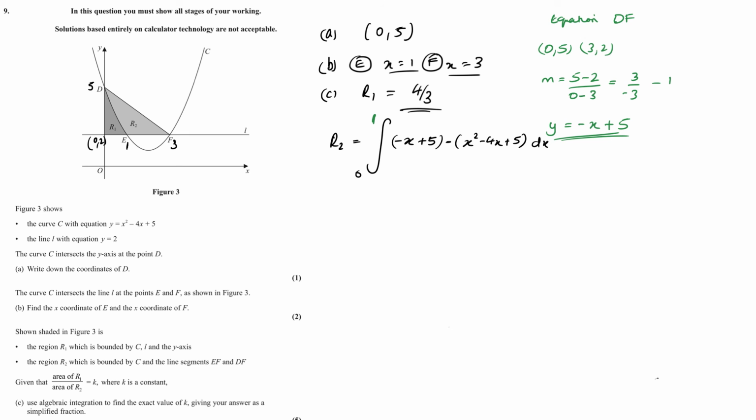So that's going to mean that I find the area here, and then I'd have to add on that triangle at the end. So let me just get rid of some of this.